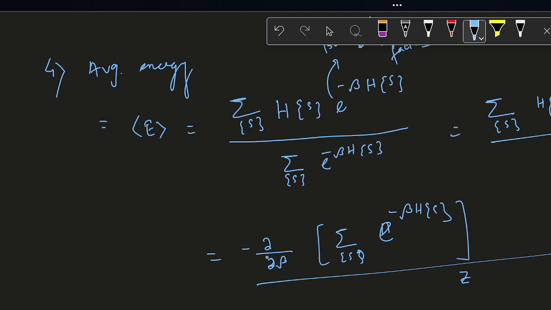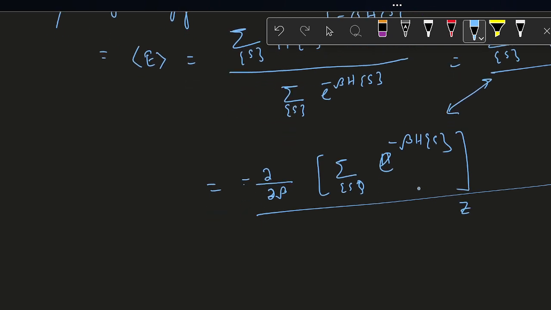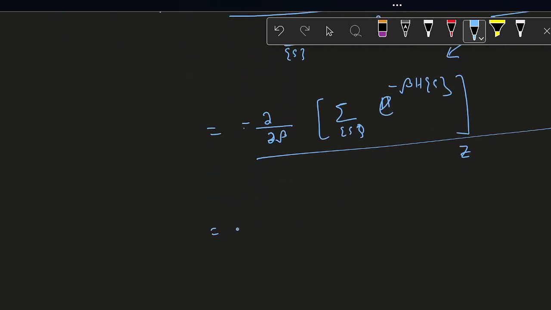Because there is a plus sign in the numerator, to cancel that minus sign we put another extra minus sign in front. So this is the same expression, we have just written the numerator in a different form so that it is easy to modify the formula.